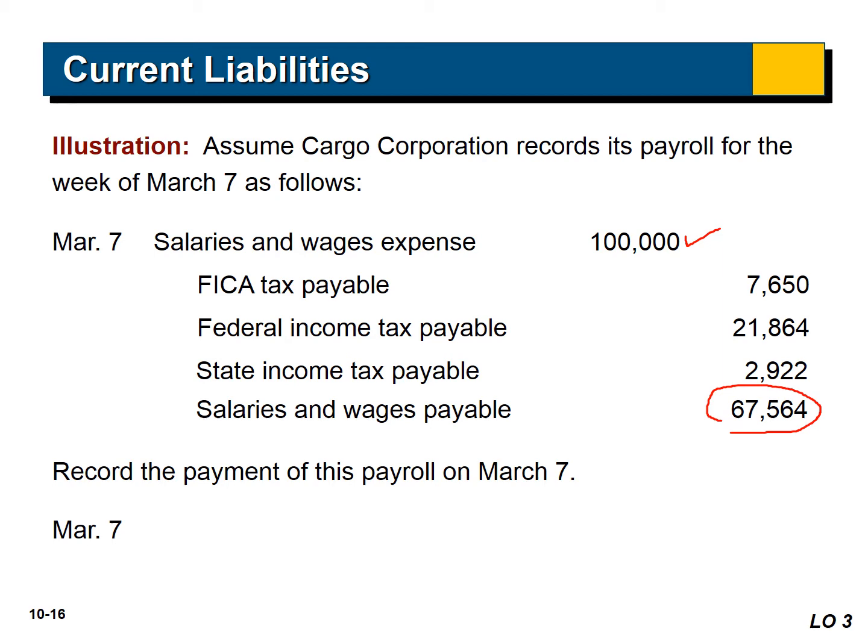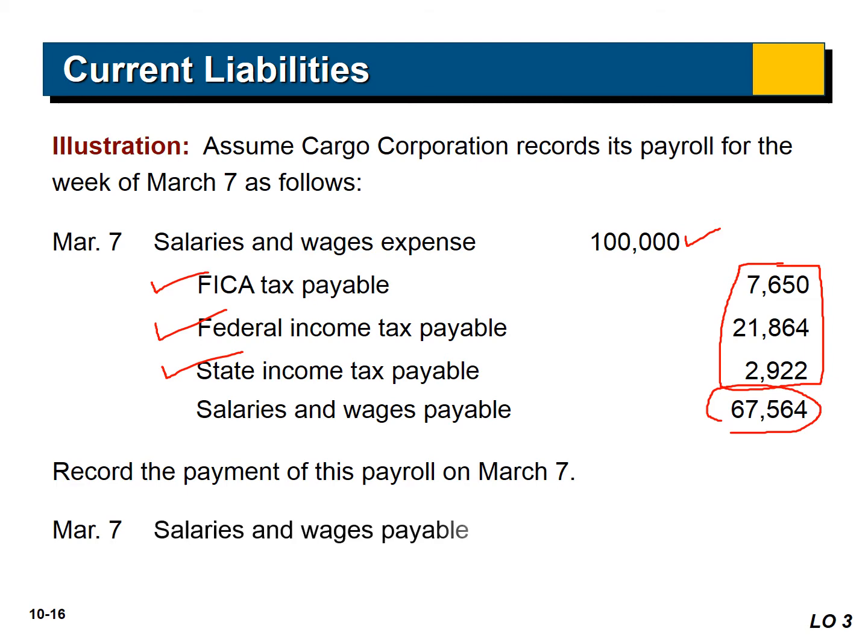And then these other three items are deductions from your paycheck. FICA payable, which is Social Security. Federal income tax is the tax that's owed to the federal government. And then state income tax, the tax that's owed to the state.